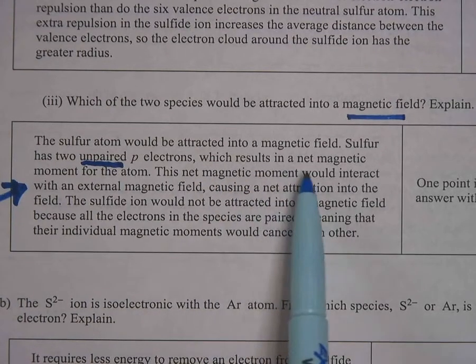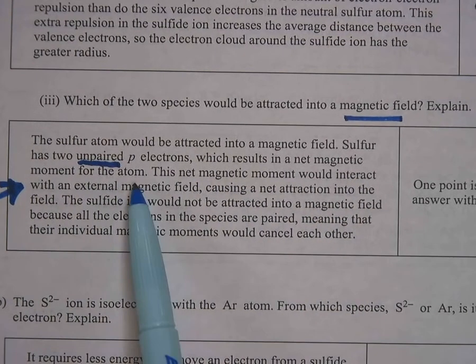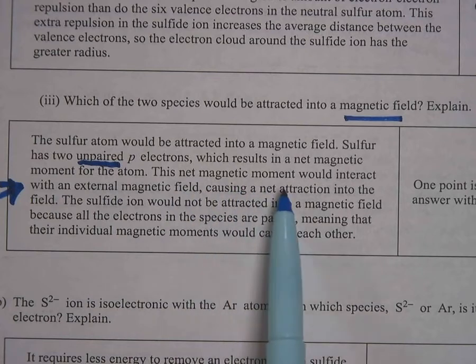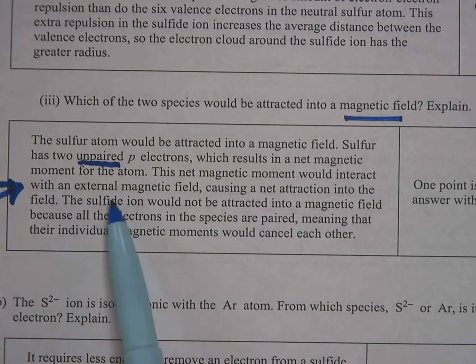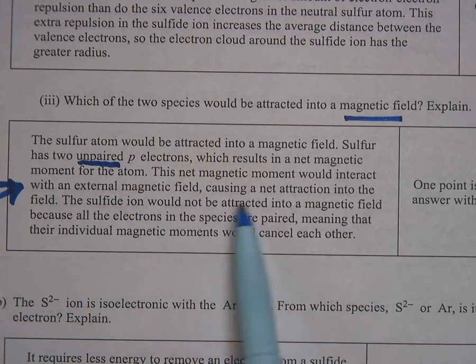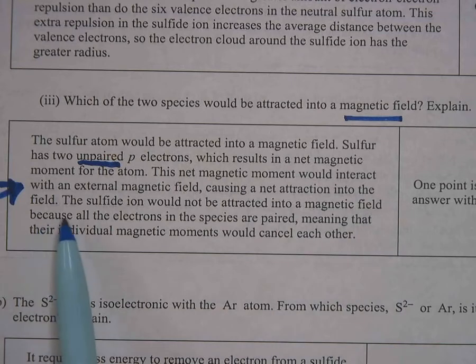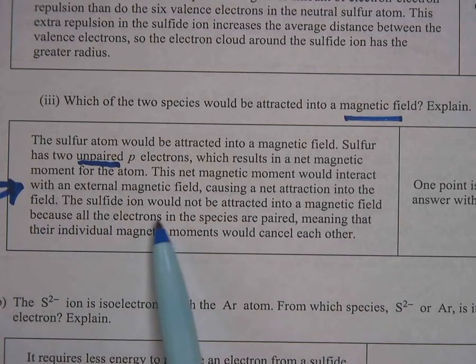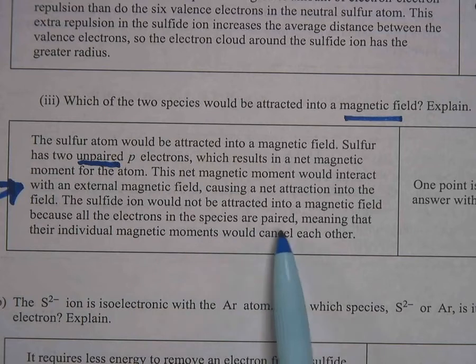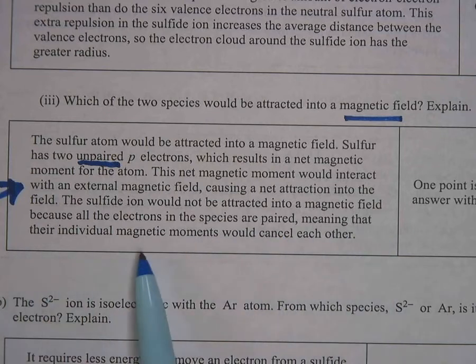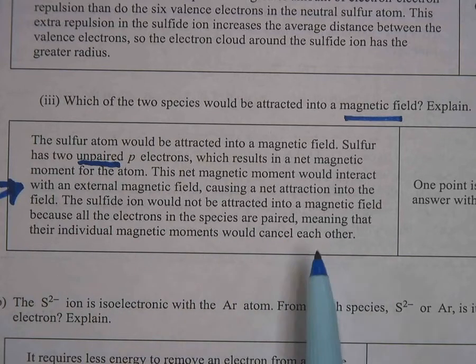This results in a net magnetic moment for the atom. The net magnetic moment would interact with an external magnetic field, causing a net attraction into the field. The sulfide ion would not be attracted to the magnetic field because all the electrons in the species are paired, meaning that their individual magnetic moments would cancel each other out.